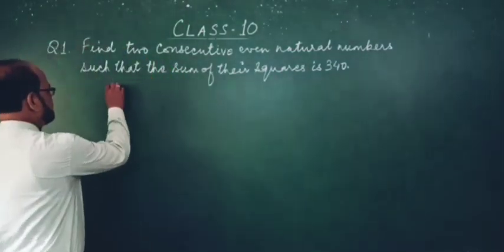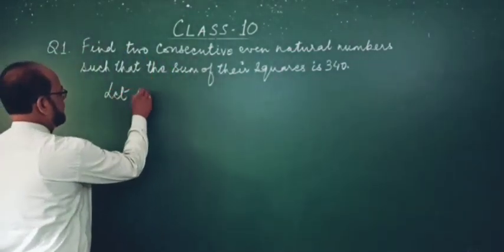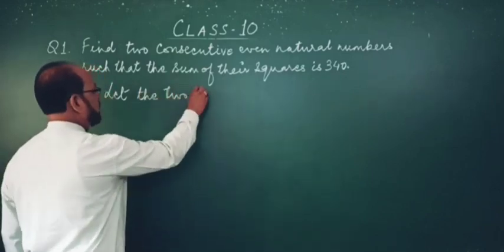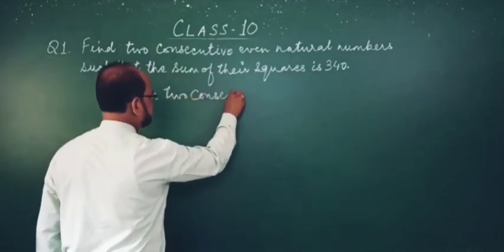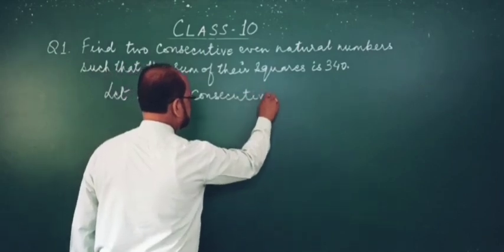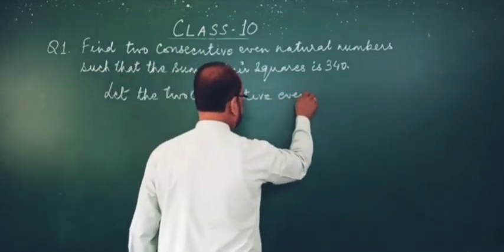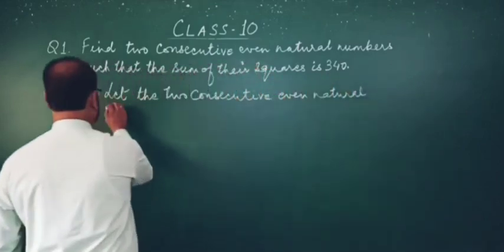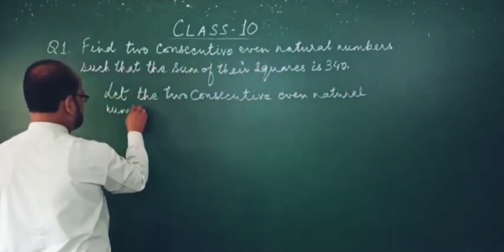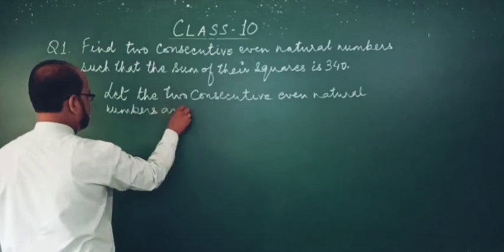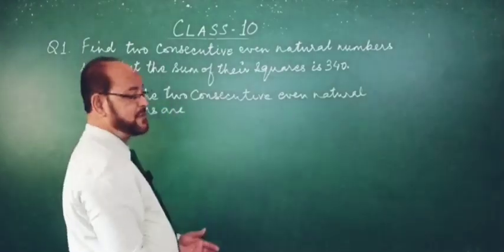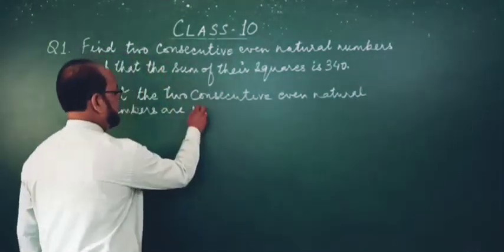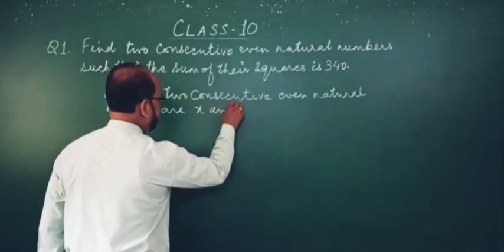Since the difference between two even numbers is 2, we can let the numbers be x and x plus 2.